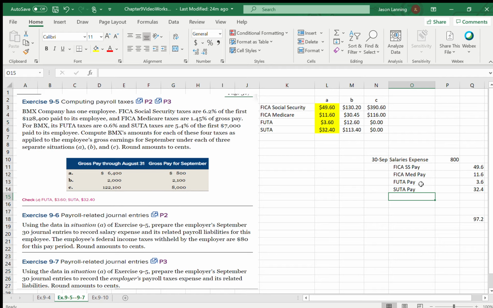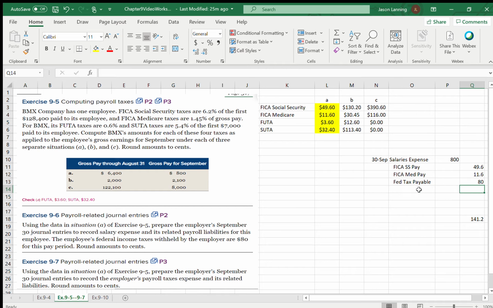I should back up here because I'm getting ahead of myself. The FUTA and the SUTA come from the employer's side, not the employees. So we can get rid of those. The federal income tax that they tell us, however, that's $80. That does come. So we'd have federal tax payable, and that would be 80. All right. So if we look at this, we see the total of these payables that we have are $141.20.